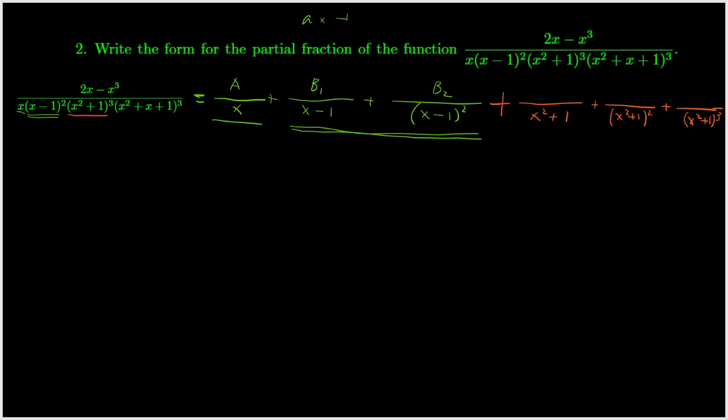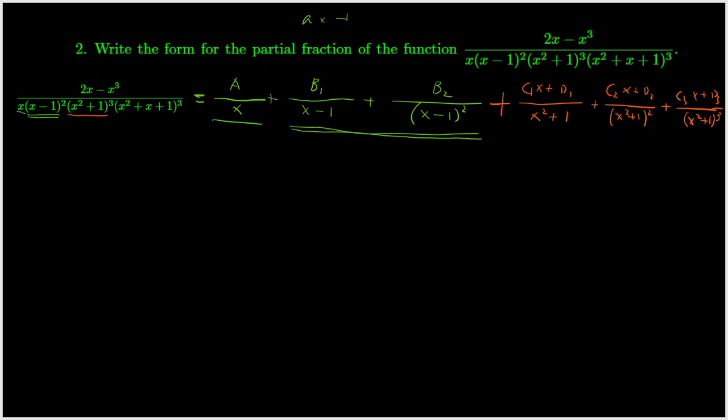So maybe c1x plus d1, corresponding to x squared plus 1 to the power of 1, and then c2x plus d2, and then c3x plus d3. Of course the choice of notation can differ. You just need to know that a whatever, b whatever, c whatever, d whatever are numbers. Later on, we're going to learn how to determine these numbers.